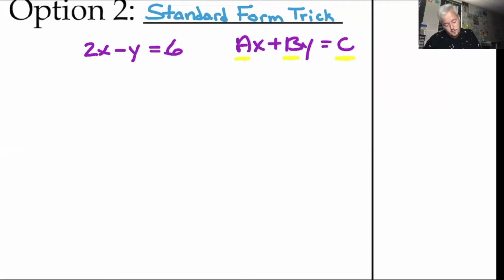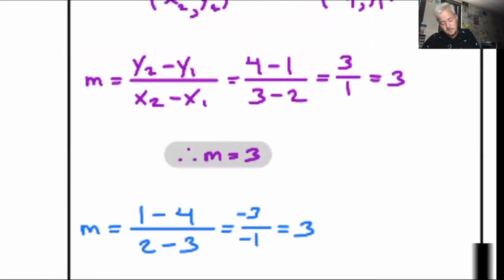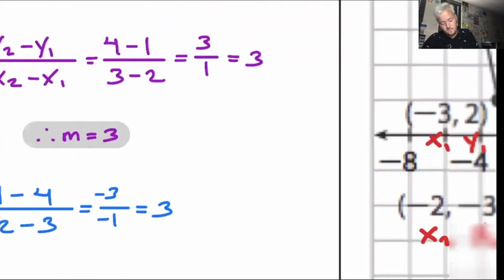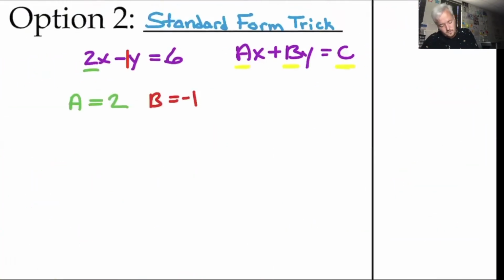The number in front of our x is our 2 value. We don't actually have a number in front of the y, but because of that, we assume that there is a 1. Because we're subtracting, it's going to be a negative 1, so our b value is negative 1. And last but not least, we have our c value at the very end, which is just 6.